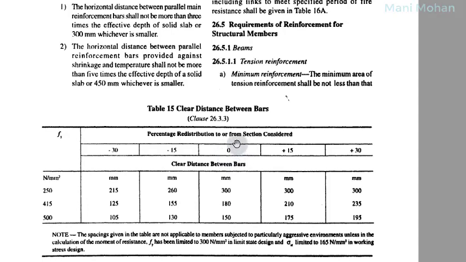Suppose if you have 0% redistribution, generally for indeterminate structure, you do the redistribution of moment, while for determinate structure, there will not be any redistribution of moment. So, for example, if you have determinate structure, there is no redistribution, and if you are using Fe500 steel, what is the maximum distance between longitudinal bar? It will be 150 mm. So I hope it's clear.